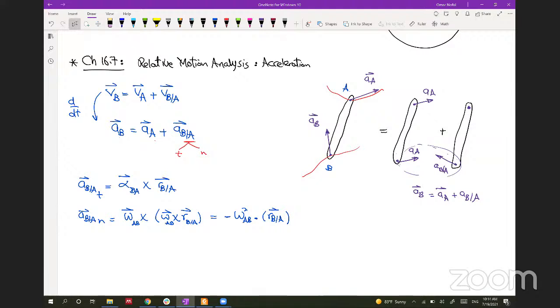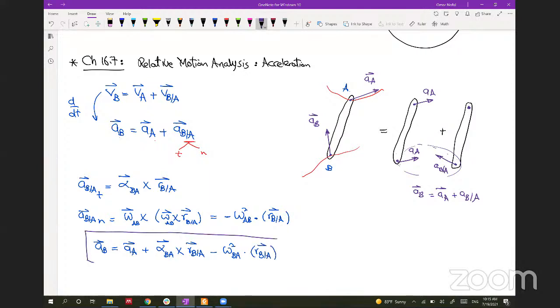And we can put this back in the equation, so the A_B vector will be equal to the A_A vector plus alpha_BA crossed by R_B with respect to A, minus omega_BA squared multiplied by R_B with respect to A. So this is the acceleration equation that we need right now to get the acceleration at B.